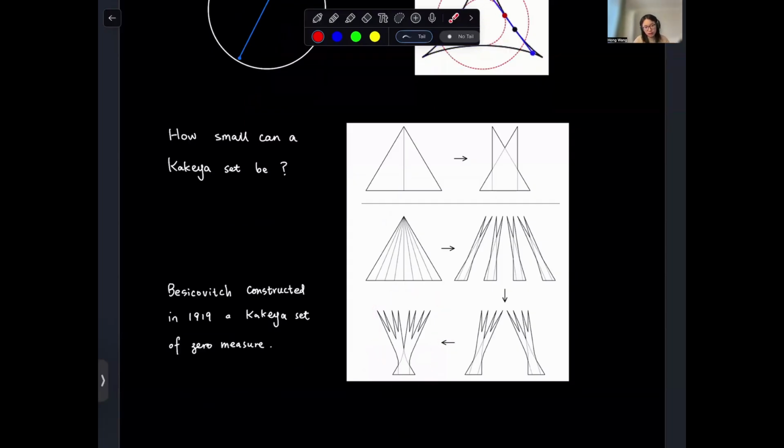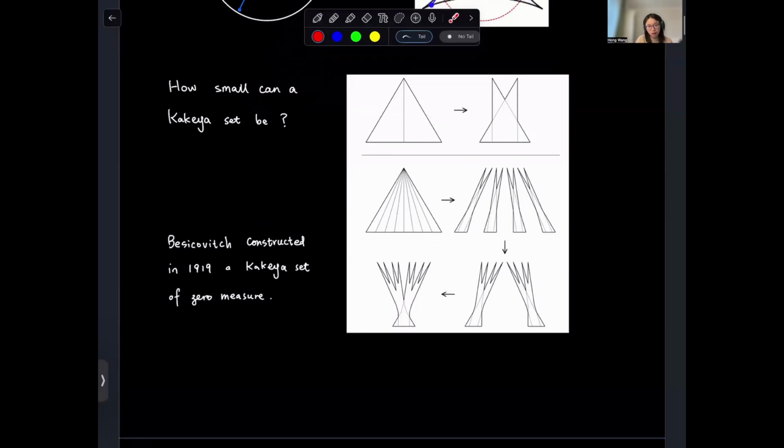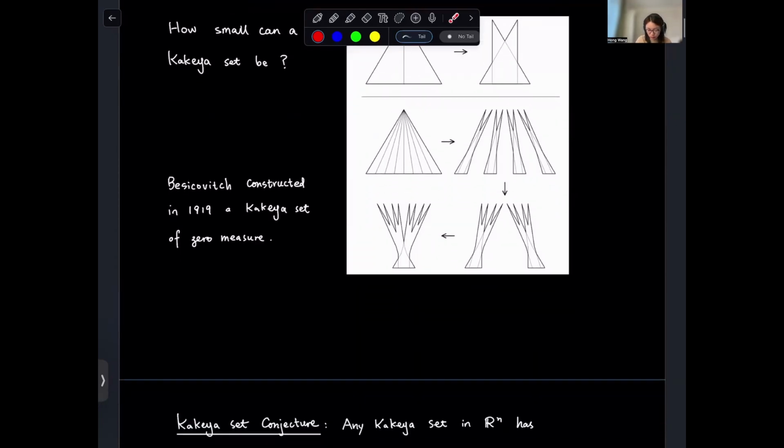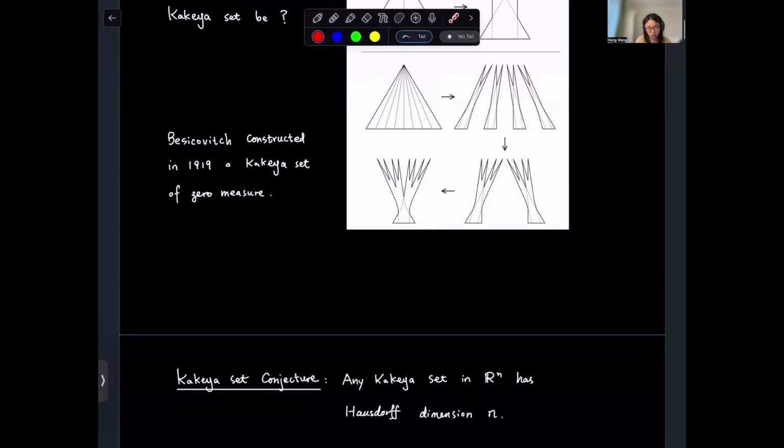Now that we know the Kakeya set could have measure 0, how large or how small can the Kakeya set be? There are many sets that could have measure 0. To quantify the size of those sets, one can use the notion of Hausdorff dimension.